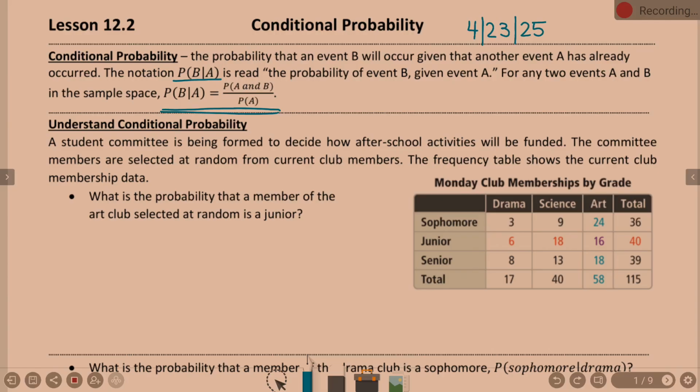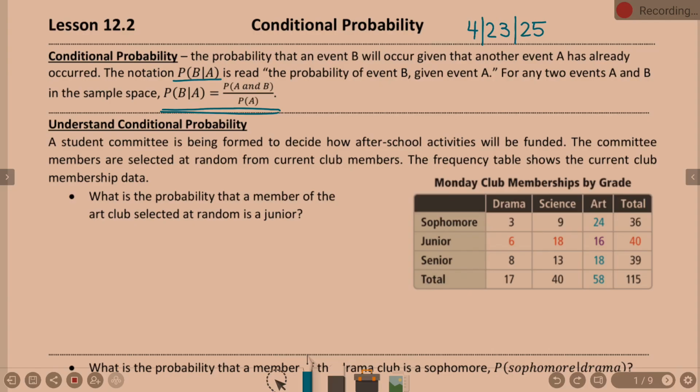Now, our question is, what is the probability that a member of the art club selected at random is a junior? When we're asked this, we're asking, what's the probability that this person is a junior? What's the condition? What's the probability that they're a junior given that they are a member of art club?